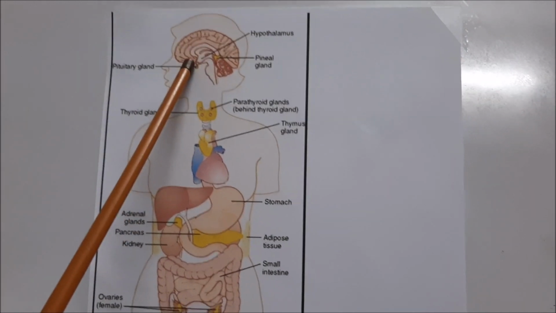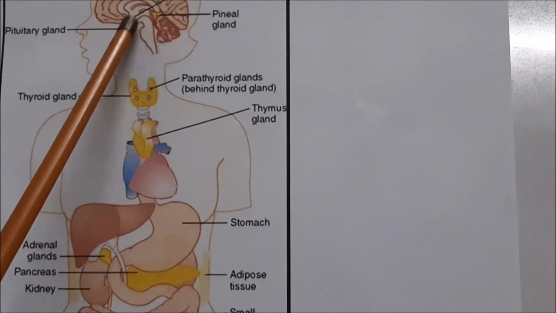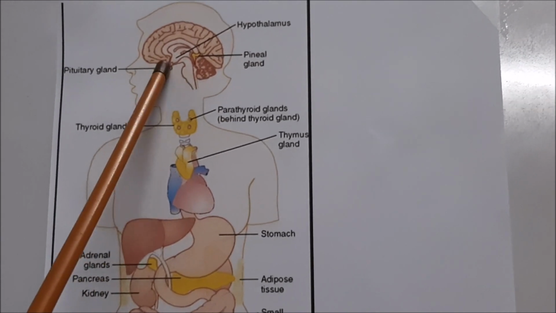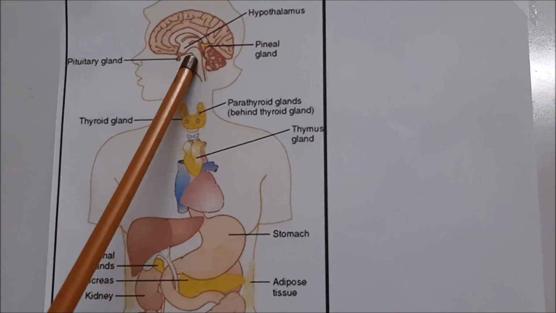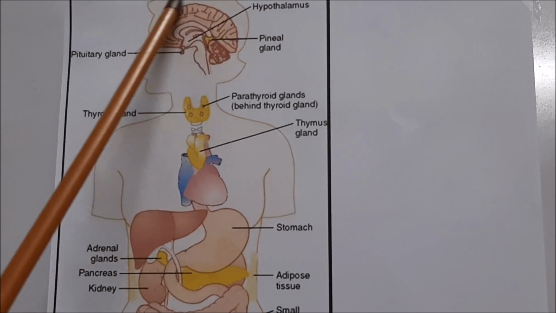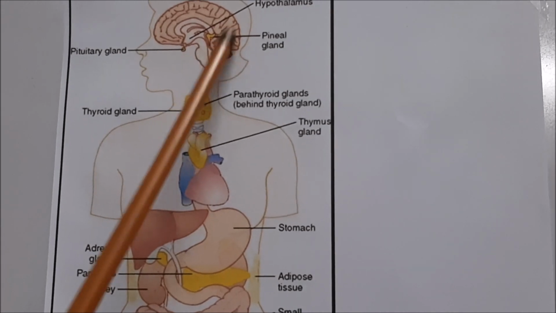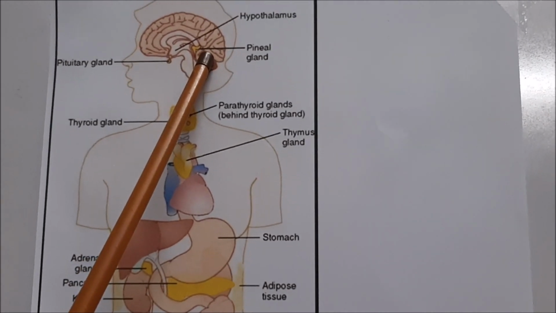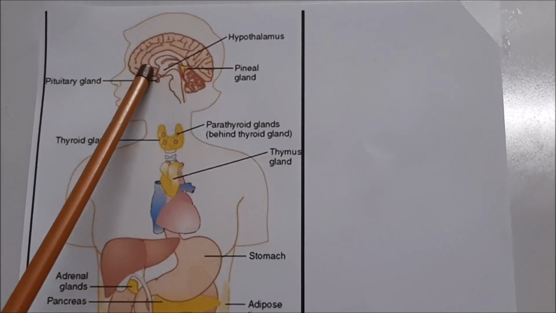The inhibitory hormones are growth hormone inhibitory hormone and prolactin inhibitory hormone. Growth hormone inhibitory hormone's other name is somatostatin. All these 6 hormones are chemically peptides, except the prolactin inhibitory hormone, which is an amine.